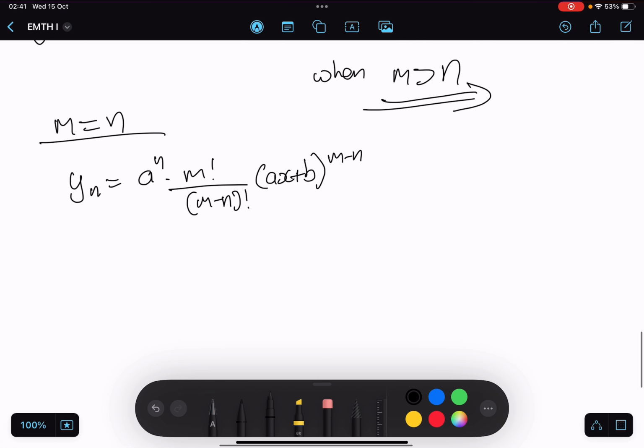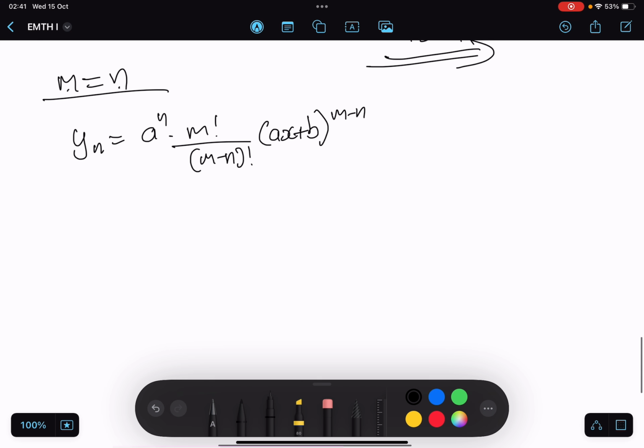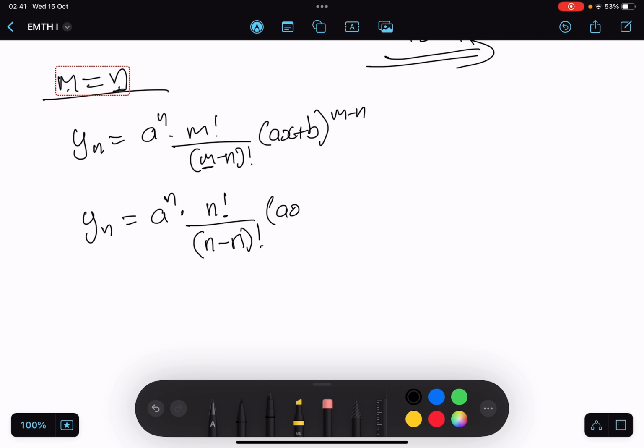So now we are saying when m is equal to n, here we are going to have y_n is equal to a_n times n factorial over n minus n factorial. So where there is m, we substitute with n. So we're going to have (ax plus b) to the power n minus n.